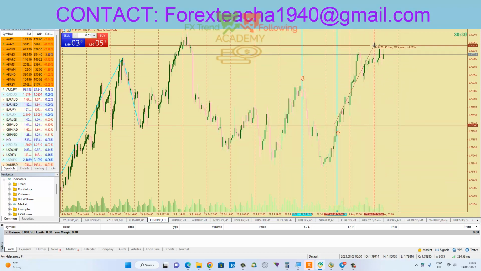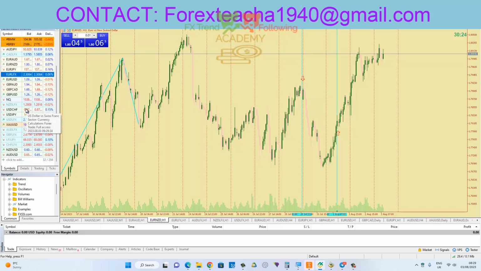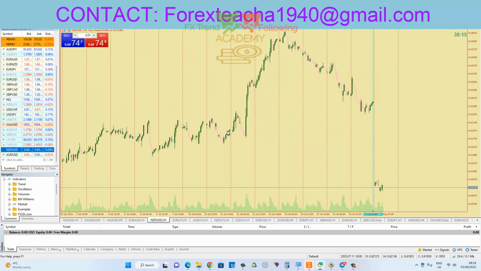So this is another way you can trade using this system. You can go to any currency that has the New Zealand dollar on the other side. I think you can also look for New Zealand USD. On these signals, it will be vice versa, it has to be vice versa.